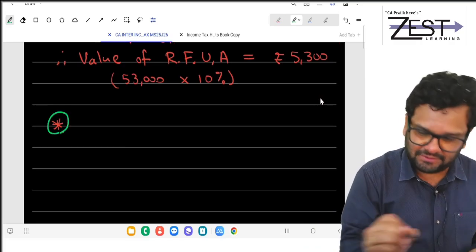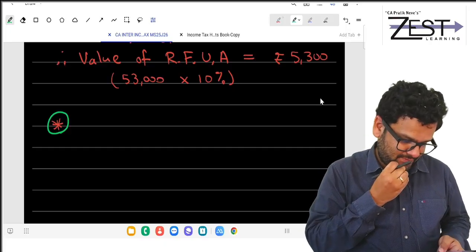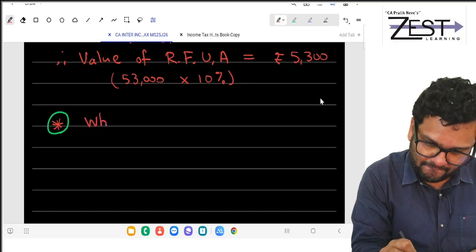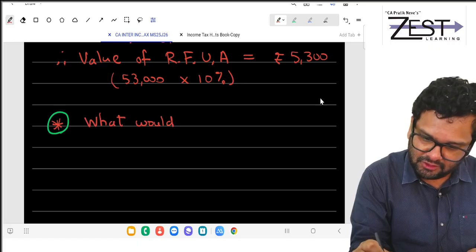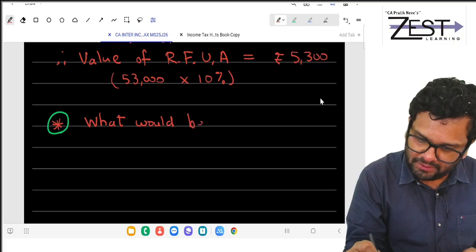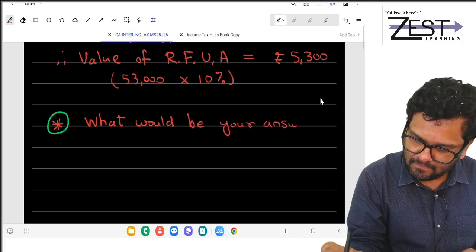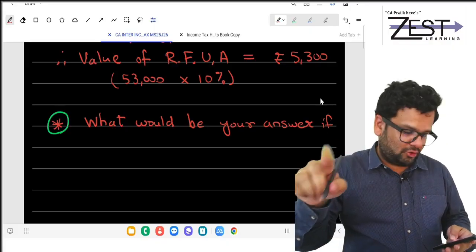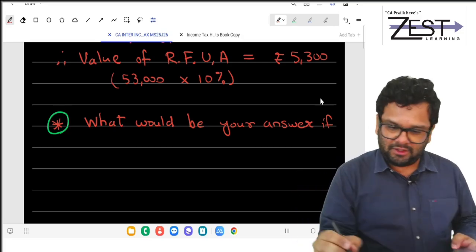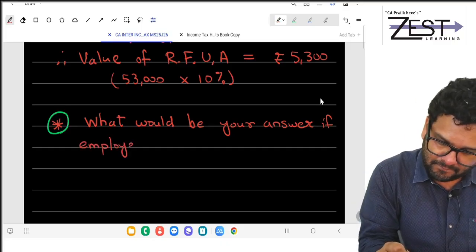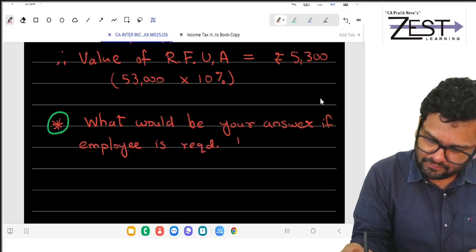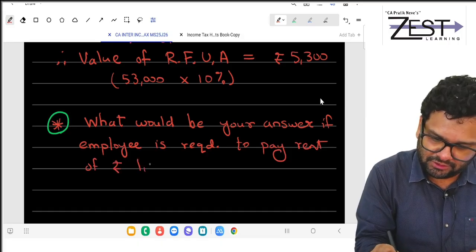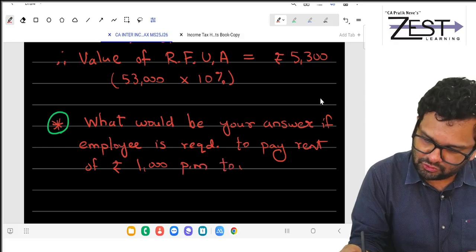So the sub question is, what would be your answer if the employee is required to pay rent of rupees 1000 per month towards this house?